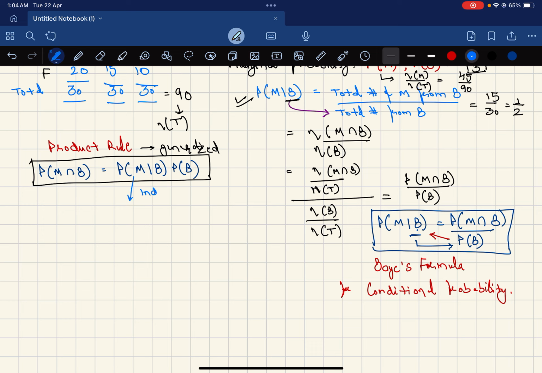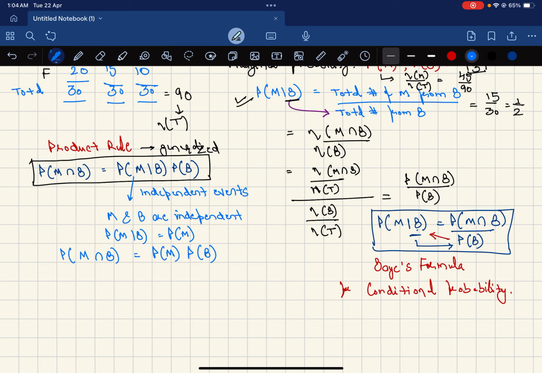Now let us say we want to derive back this particular formula for independent events. Let us say M and B are independent, although they might not be in our particular example, but let us assume they are. Then we know that P(M given B) is P(M), since the occurrence of B doesn't affect the probability for M, and therefore we again get back our old formula, which is that the intersection of the two events is nothing but the product of individual probabilities of the two events to occur.